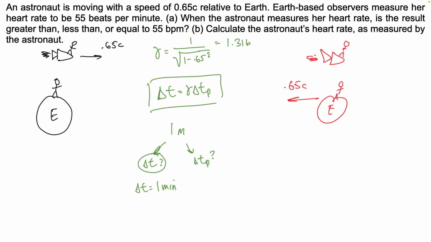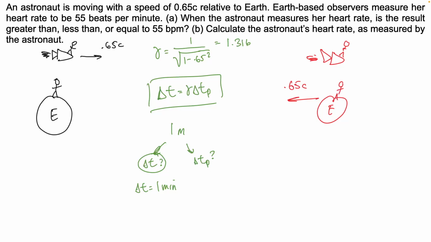Now, let's see conceptually if we can make this jive with the definition of proper time. What does proper time mean? Events that are used to measure happen in the same place. As far as the astronaut is concerned, would they measure proper time for their own heart rate? I certainly hope so. Because the only way to measure dilated time of your own heart rate is for your heart to be beating in different places.